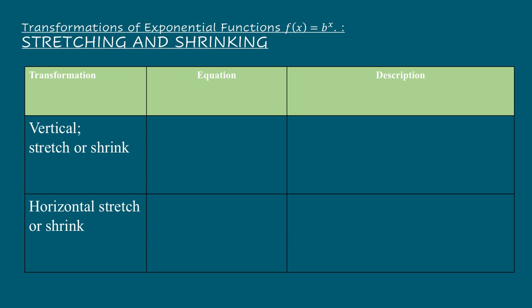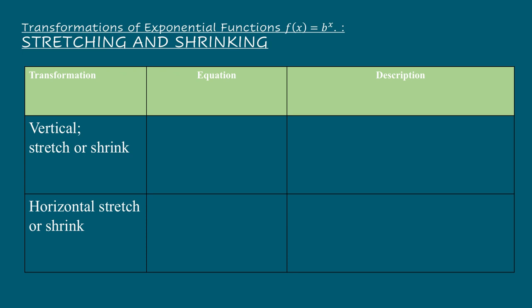Next, we can talk about stretching and shrinking. And stretching and shrinking can happen vertically and it can happen horizontally, depending on where the change is applied, meaning if we apply it to the exponent or to the base. So let's take a look at each condition.